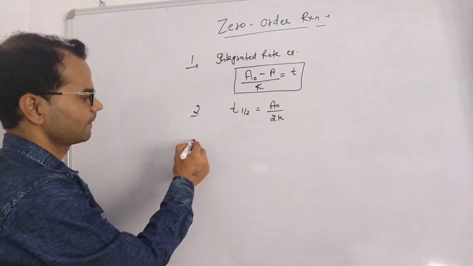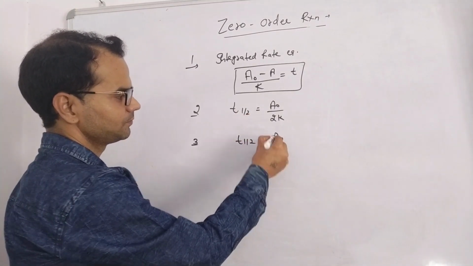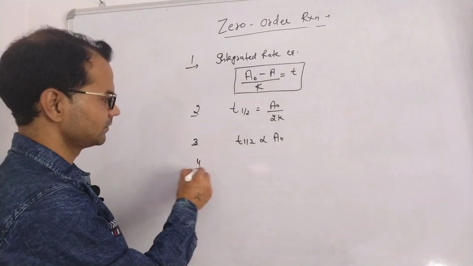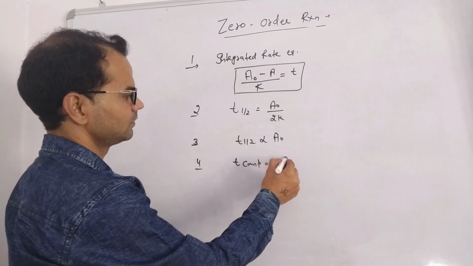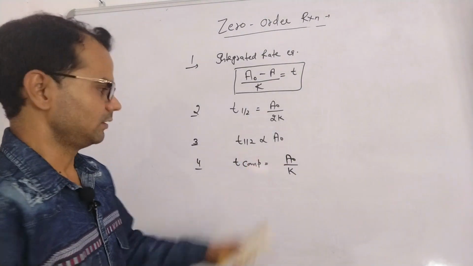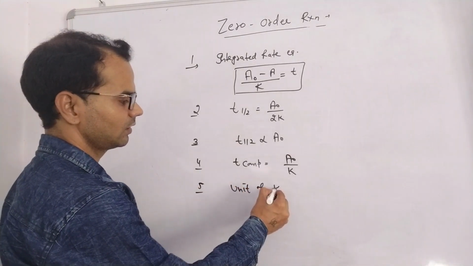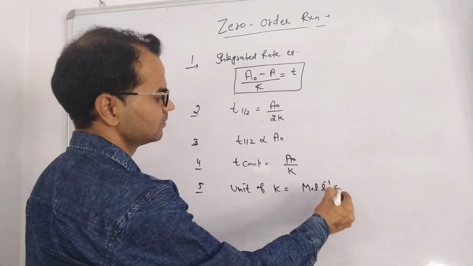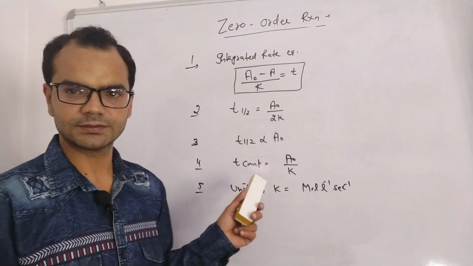Simple. Third, we can conclude T half is directly proportional to A naught, the initial concentration of a reactant. Fourth, T completion is A naught by K. And fifth is the unit of K, mole per liter per second. These are the 5 conclusions.